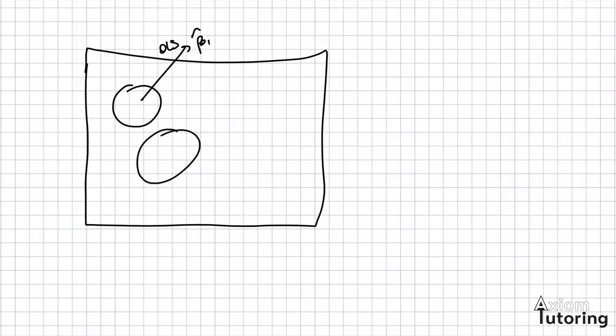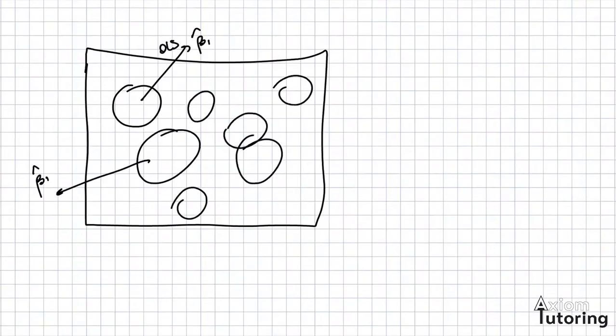Then you take another sample and run an OLS, you get another beta 1 hat, and you keep taking random samples from your population all the time, and you're literally getting, if you were to put them in your spreadsheet, a list of all the beta 1 hats that you have estimated.